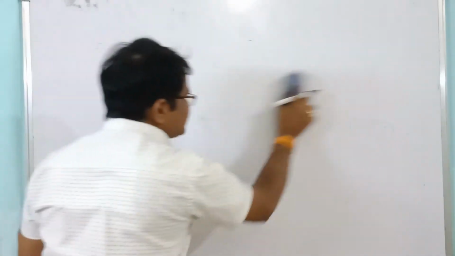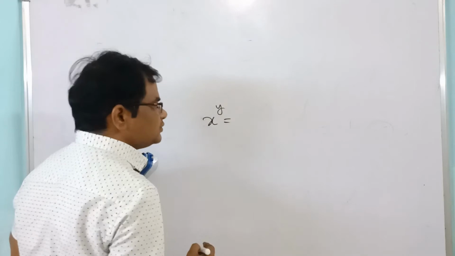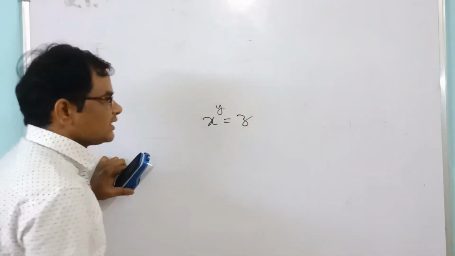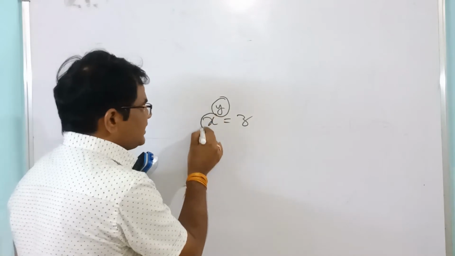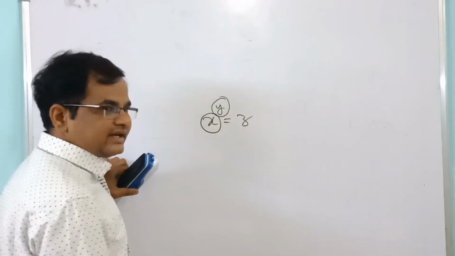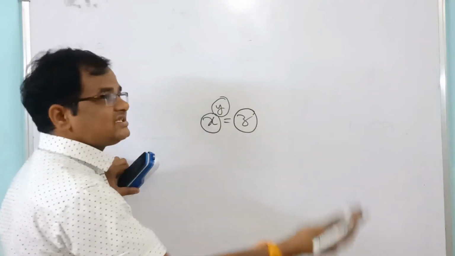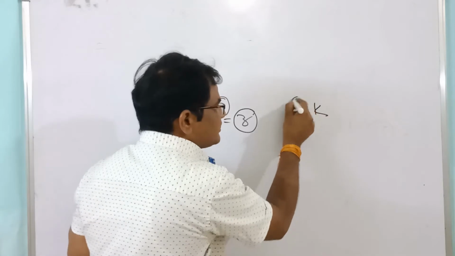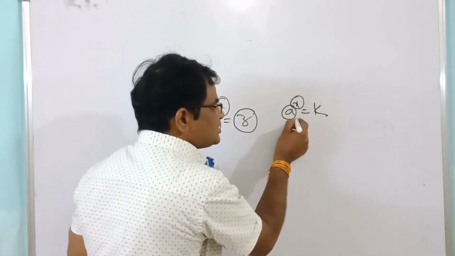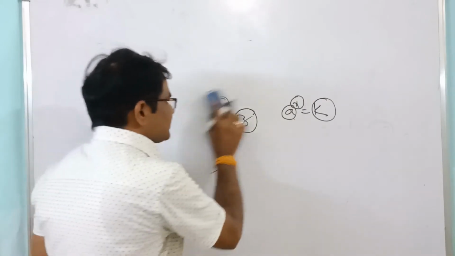Now once again you see, suppose a power x equal to k is there, here x is any real number, a is greater than 0 and not equal to 1, and k is also greater than 0.